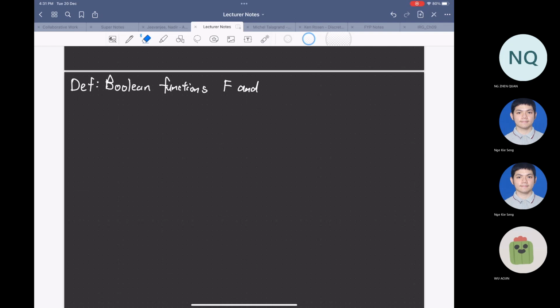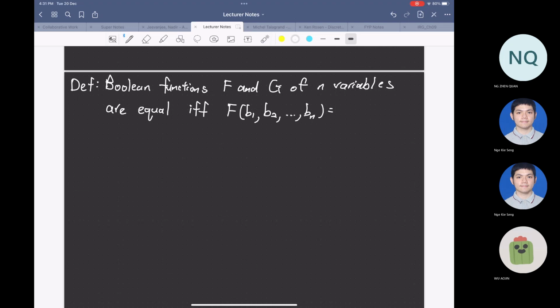Okay. So here it is also the same. So if you have two Boolean functions, they are equal if and only if they are equal in value when you substitute any element in the domain, for all b1, b2 up to bn in B.